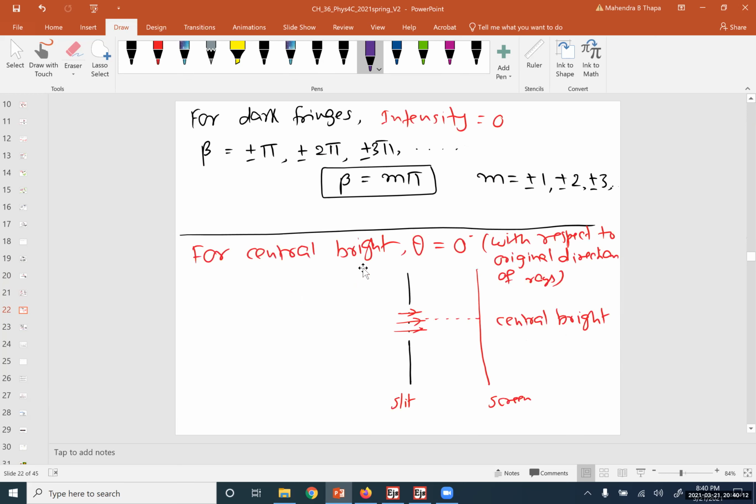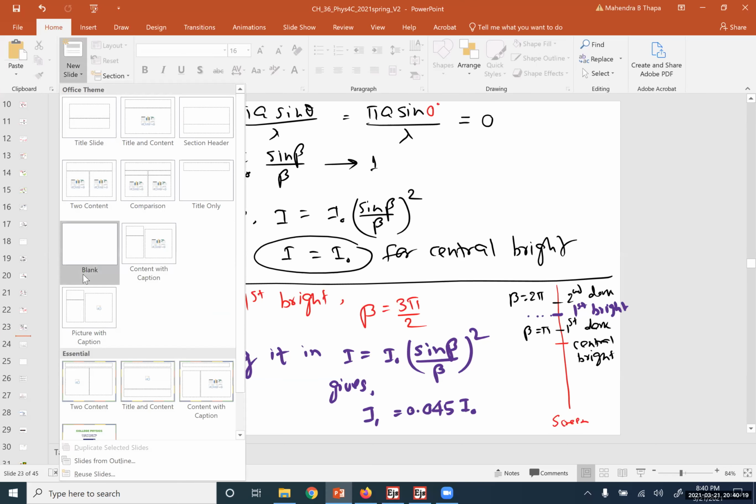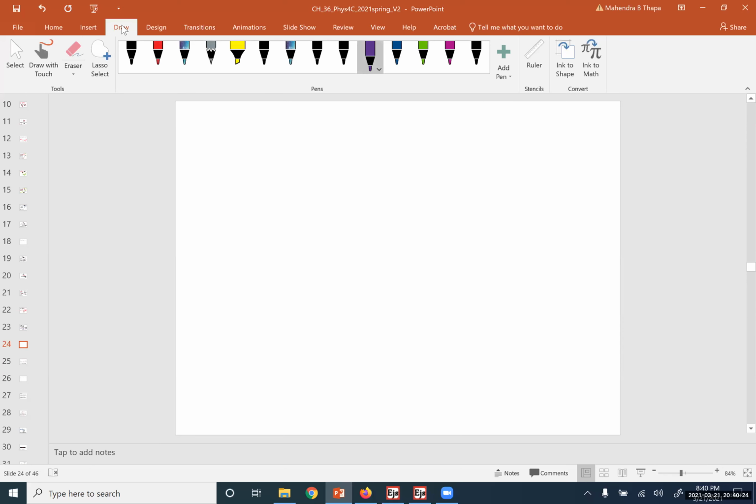Similarly, we can find the intensity of the second bright. For the second bright, the value of beta will be 5 pi over 2, by similar reasoning as before for the first bright.